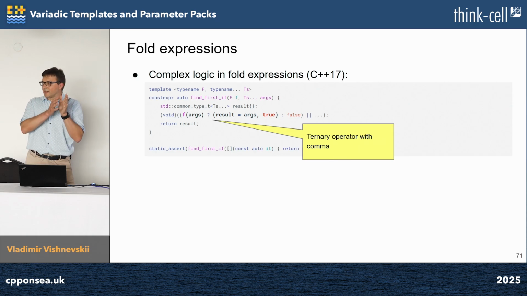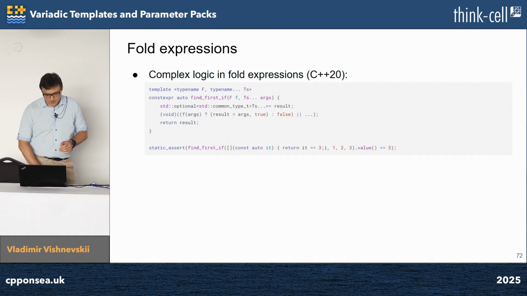And this will be all done in the fold expression with the logical OR operator. So as soon as the predicate is satisfied, the result will be assigned and true will be returned. There will be no further evaluation of the predicate, so it will be short-circuited, so the item will be found.